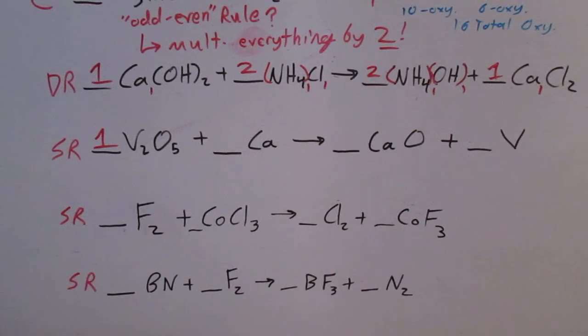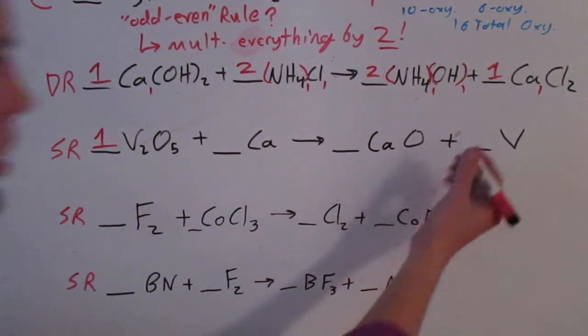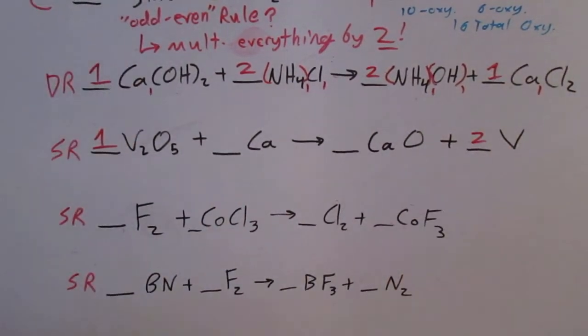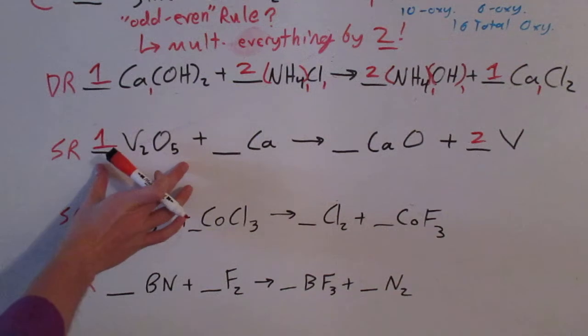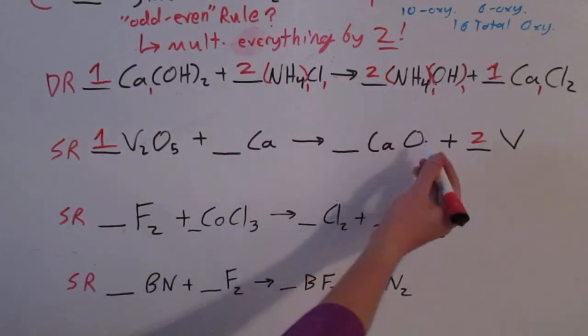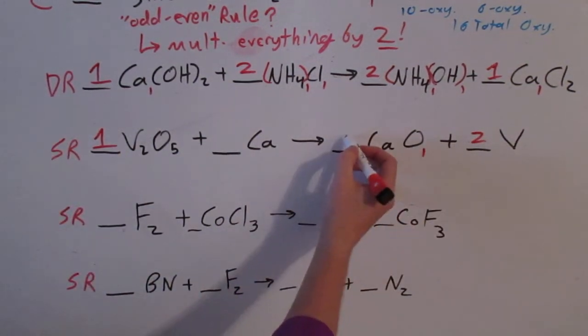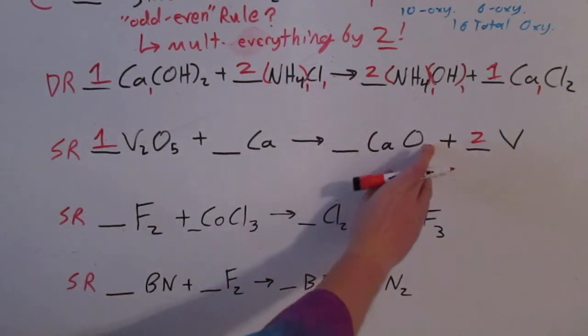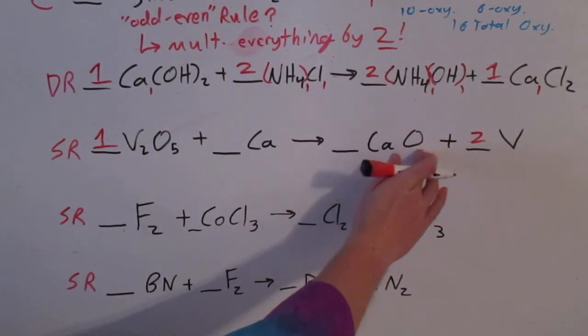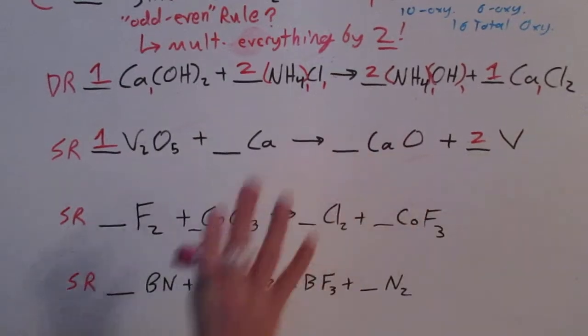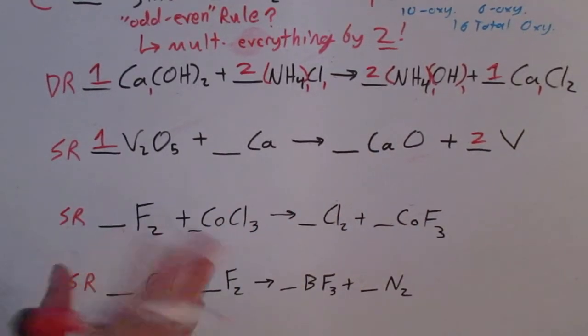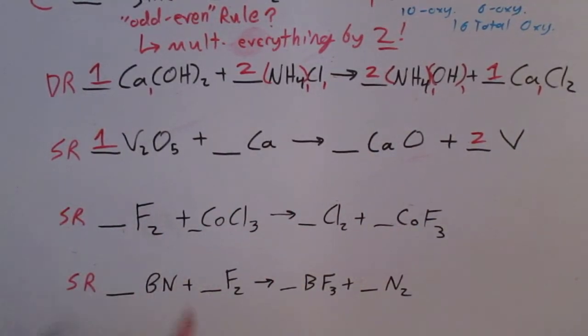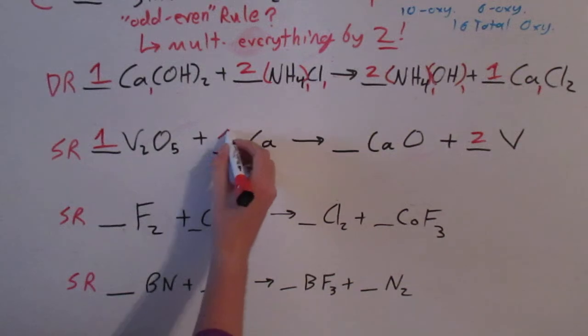Looking at this as well, I have 2 vanadiums. So let's put a 2 right there. I have 5 oxygens. I have 1 oxygen. Again, and you know what? Oxygens should be done last. So even though that one isn't too bad, we're just going to go immediately to the calciums. Because again, this might show you a little bit of a doubling back. Calcium, again, is 1.